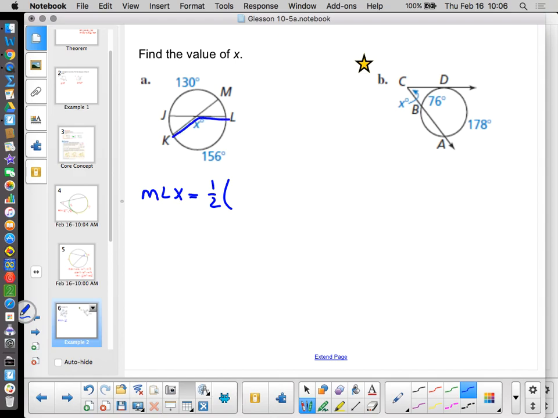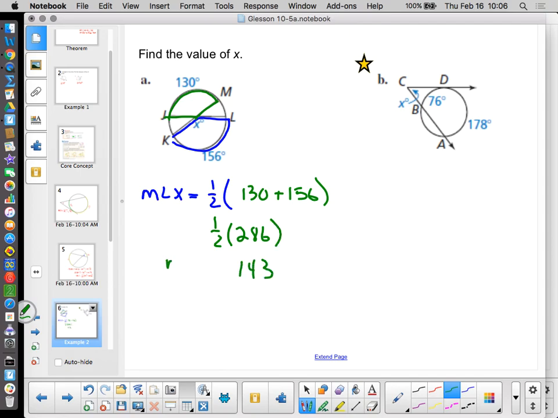So this angle intercepts this arc. The vertical angle here intercepts this arc. These two angles are the same. These two arcs are not, but I take the 130 plus 156 and divide it by 2. So it's 1/2 of 286 or 143.